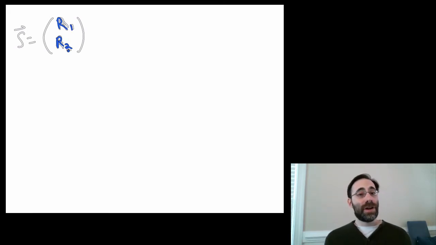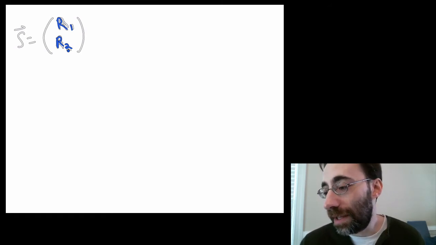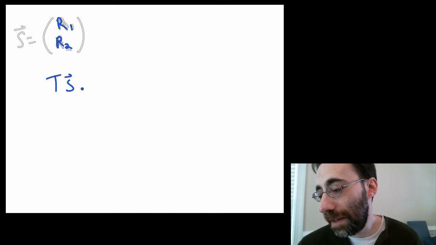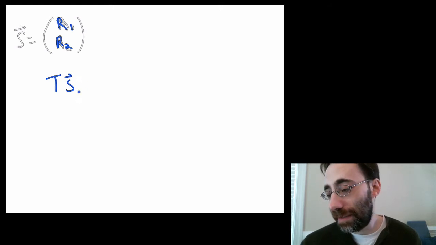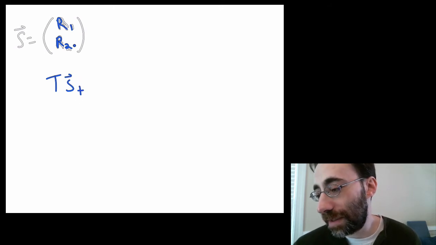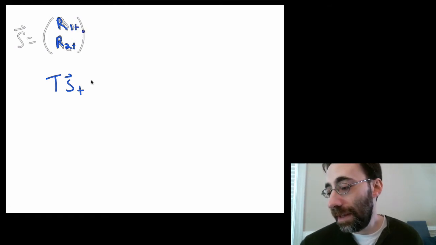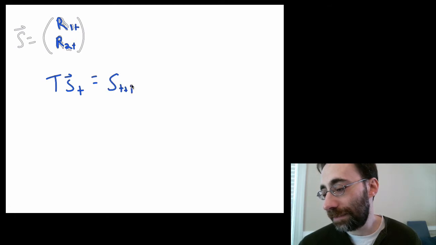Now, if you want to know how these things change over time, you can apply a matrix to that. So here's a transition matrix, T, that when applied to the state at some time t, ends up being the state at time t plus 1.